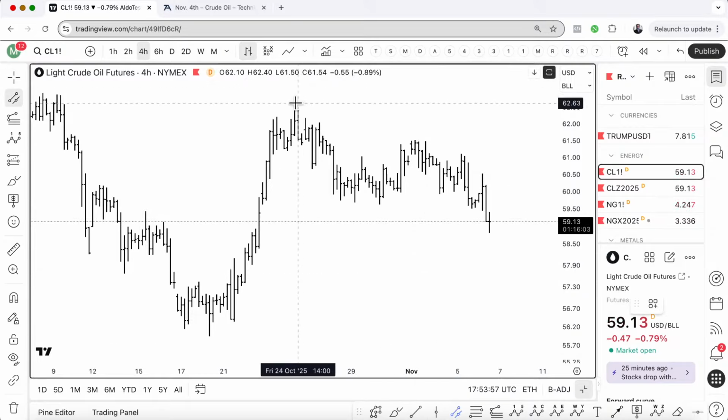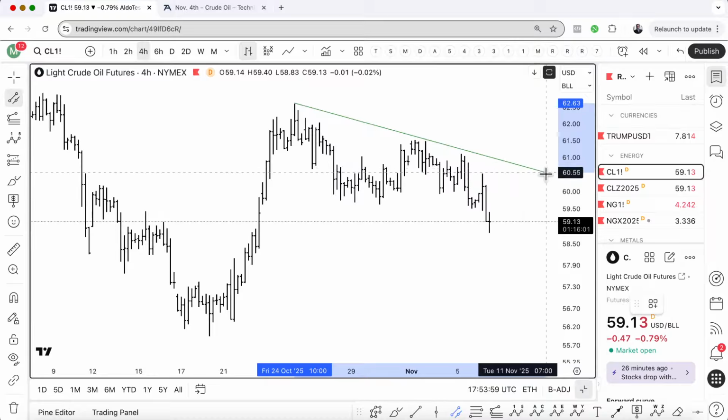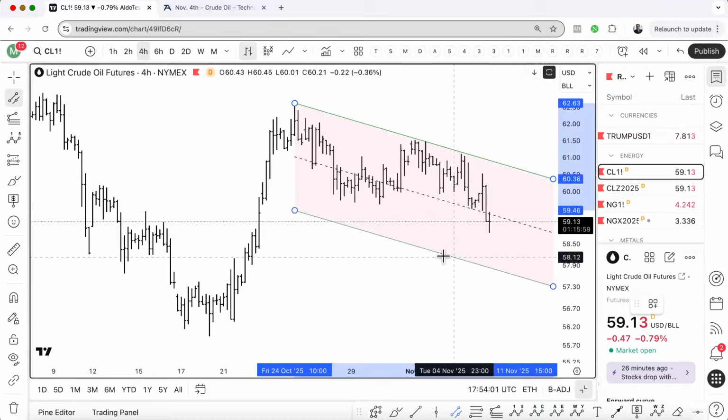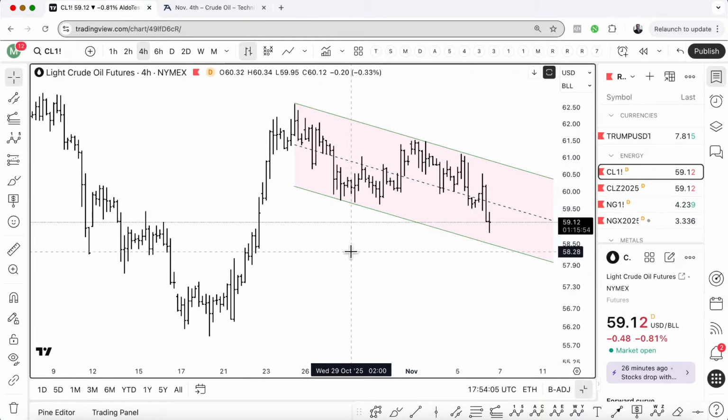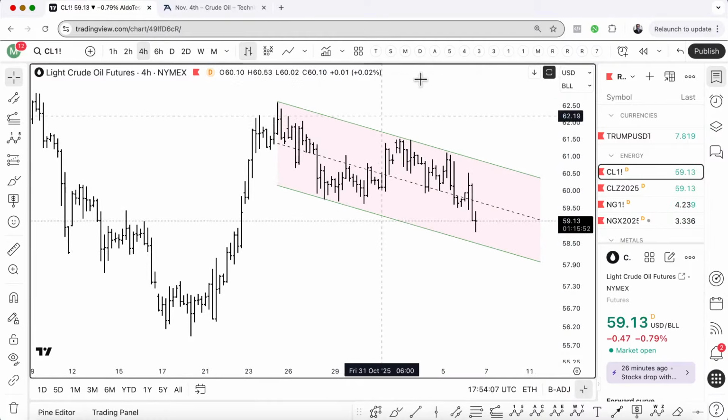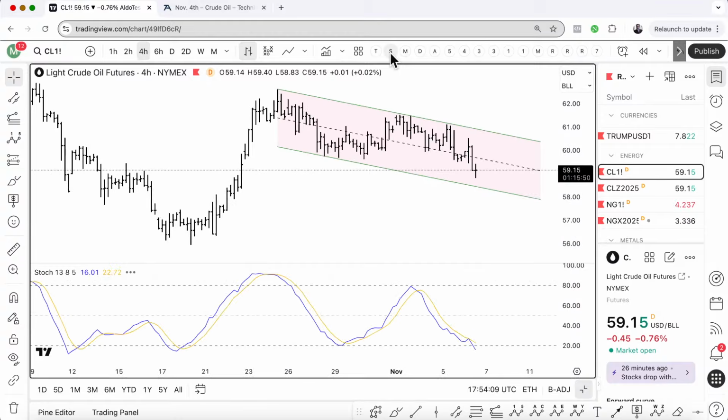Well, let's do this. Let's put that channel that I taught you before. There you have it. Well, and guess what? Now you add your stochastic, as I said, and when it gives you the entry, you will have a great probability trade here that would go above here, right?